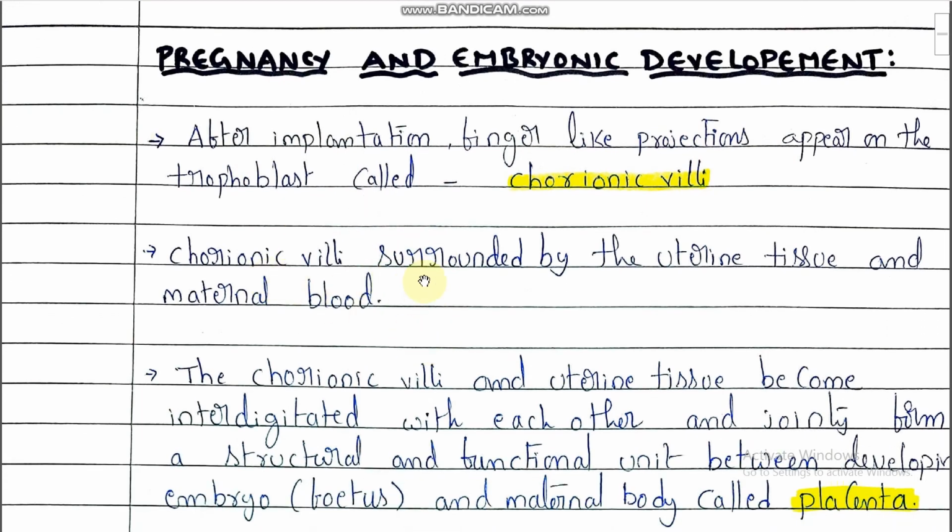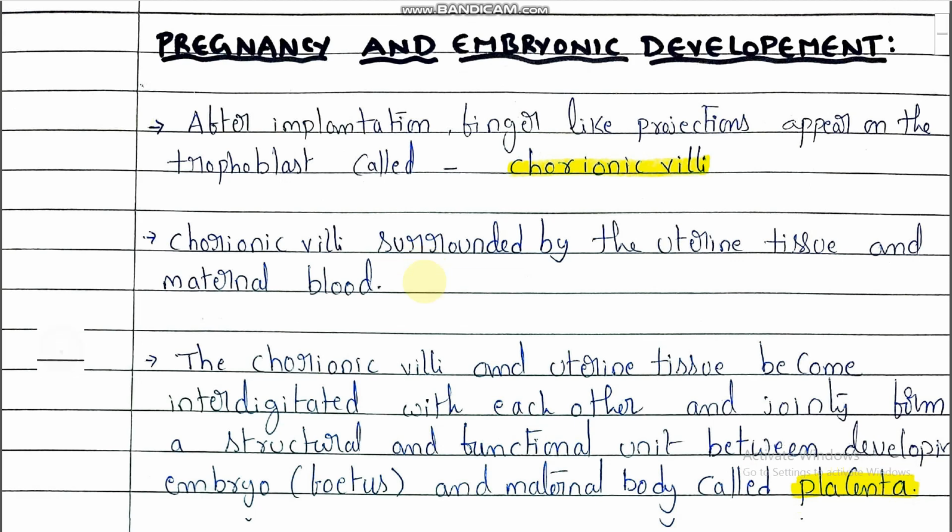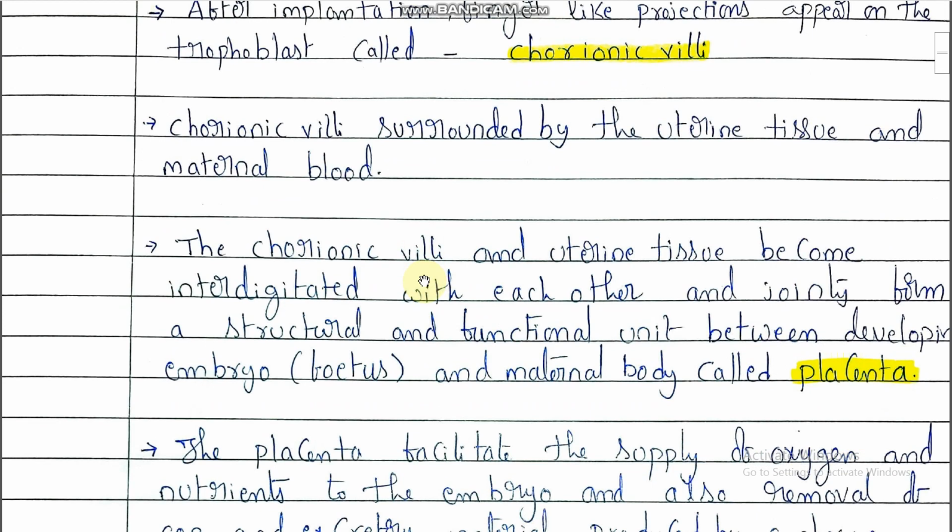The chorionic villi are surrounded by uterine tissue and maternal blood. They are surrounded by uterine tissue because the embryo is tightly embedded inside the uterus, and maternal blood is nothing but the blood of the pregnant mother.